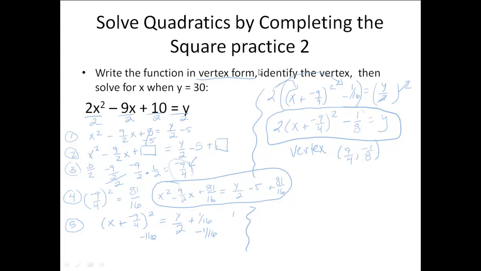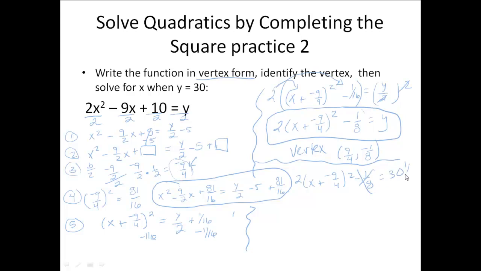And then the last part says to solve this for x when y is equal to 30. So now I can go back and plug my 30 in here for my y, and I can go through the algebra and solve it for x. The reason I can use algebra here is because x is only in one spot. So I'm going to add 1/8 to both sides.